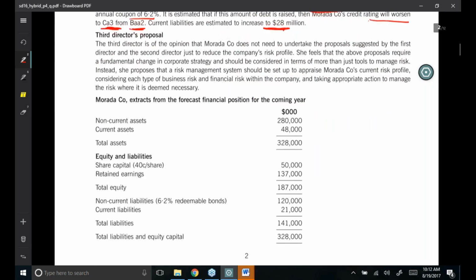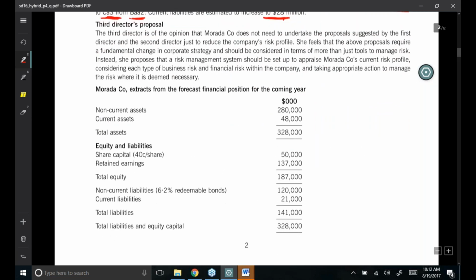Okay, what about the third director's proposal? The third director is of the opinion that the company does not need to undertake the proposals suggested by the first director and the second director. So the third director is rejecting the first two proposals.